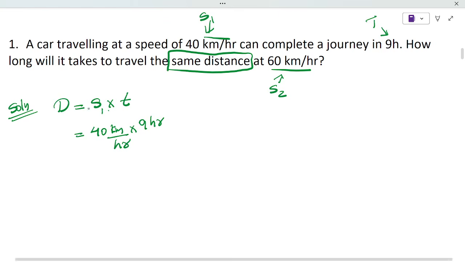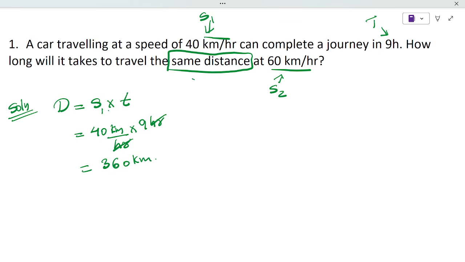Now this hour and hour will be cancelled, then we'll be left with kilometer. So 9 times 40 will give us 360 kilometer. Now the same distance means we're talking about 360 kilometer.